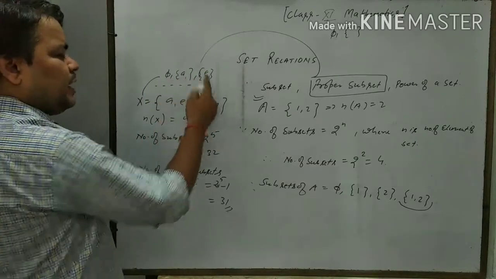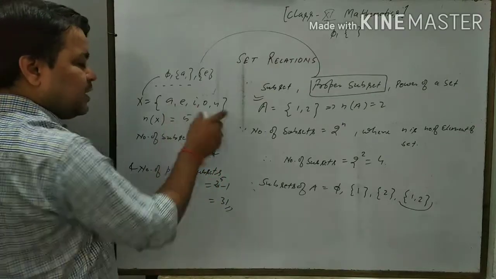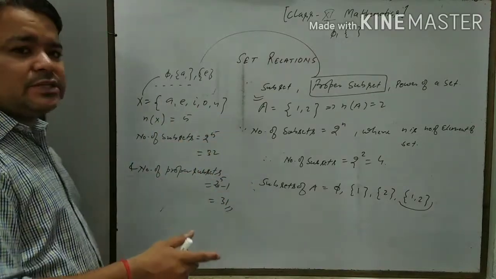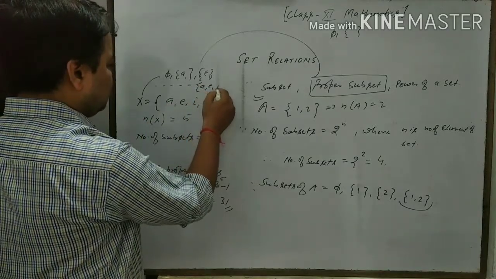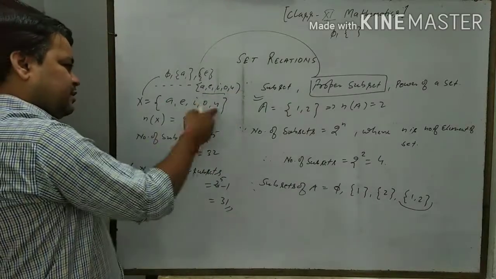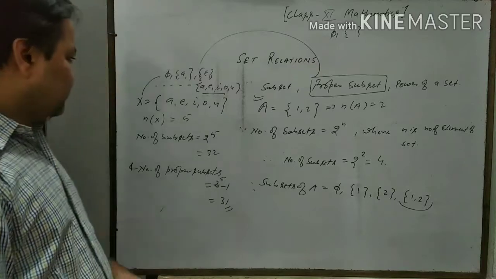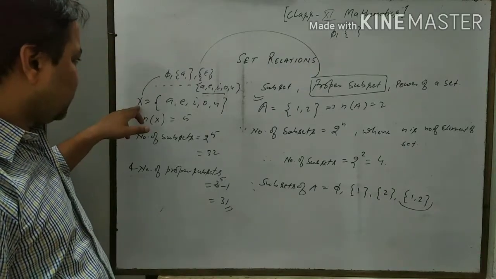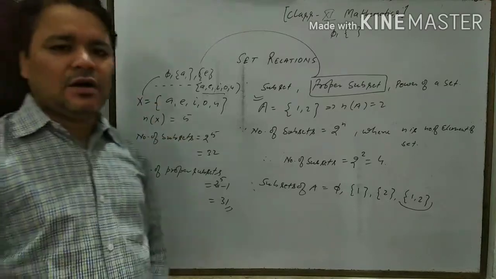First we take the 1 element subsets, then the 2 element subsets, after that the 3 element subsets, then the 4 element subsets, and after that the last one will be A, E, I, O, U, because the set itself is a subset of the set. In this way we can find the subsets and proper subsets of this set also.